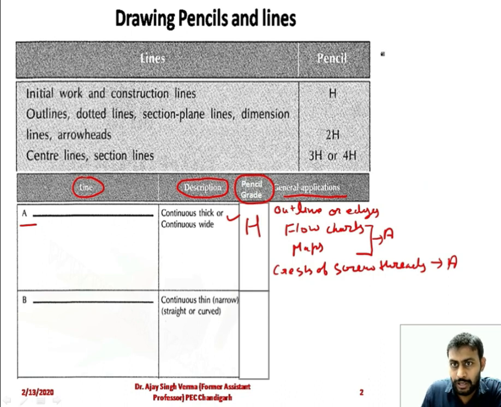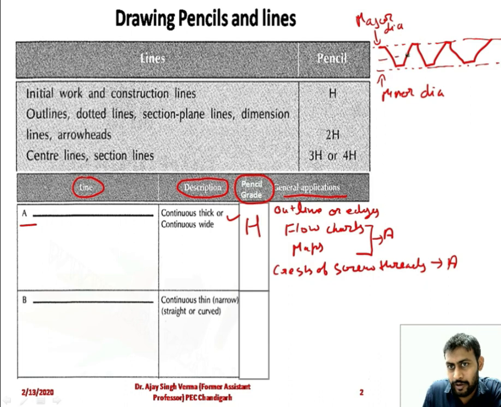I am showing a diagram of the crest of a screw thread. At the bottom, this is your minor diameter. At the top side, this is your major diameter, and this is your pitch circle diameter, the pitch diameter.